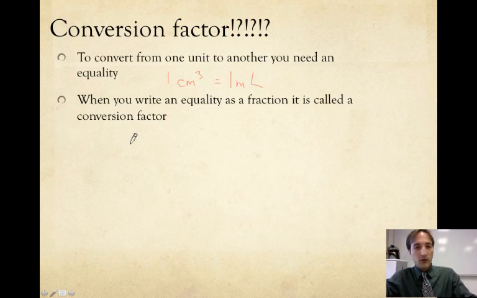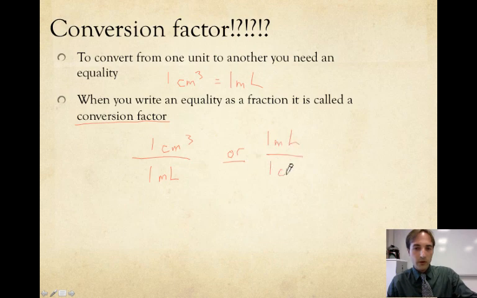So if we were to take this equality and rewrite it as a conversion factor, what we would do is we would simply take one of the units, in this case 1 centimeter cubed, and we would put it over the other unit, so 1 milliliter. We could also write it the other way, so we could put milliliters on top and centimeters cubed on the bottom.